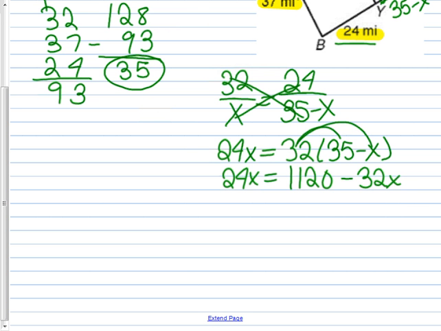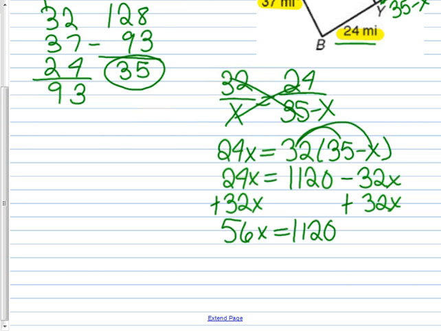But anyway. So 24x equals 1120 minus 32x. We're going to add 32x to both sides. So now we have 56x equals 1120. And then we divide both sides by 56. x equals 20.